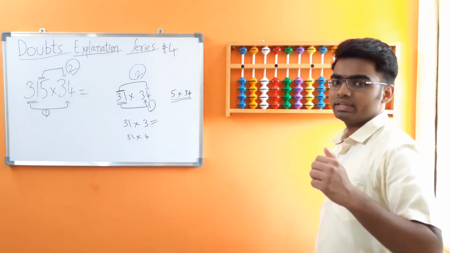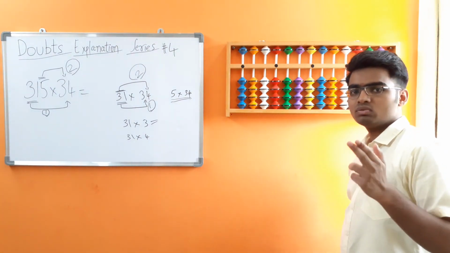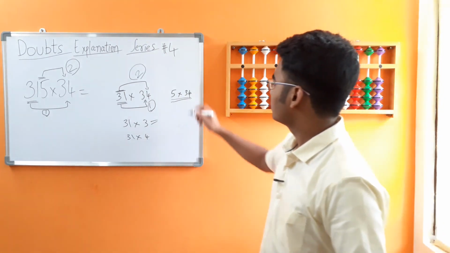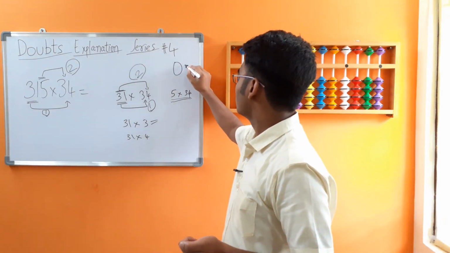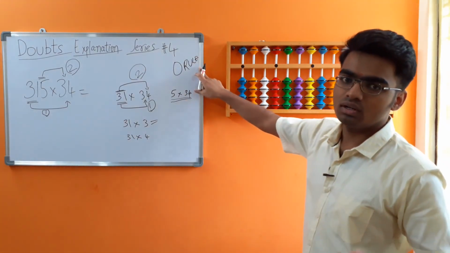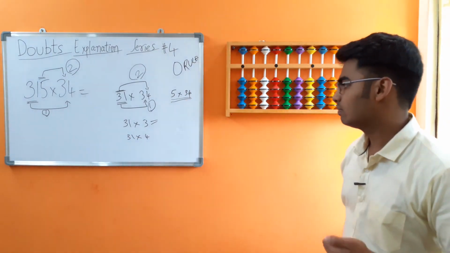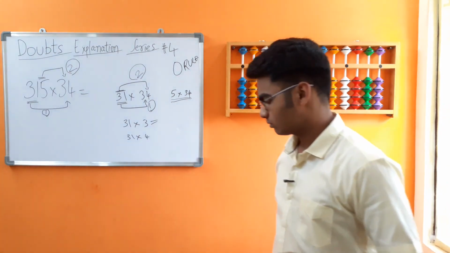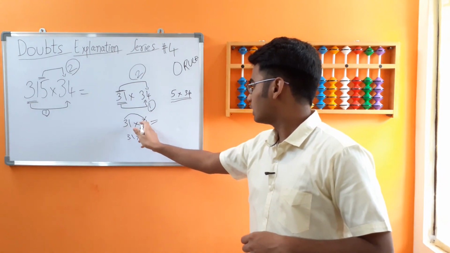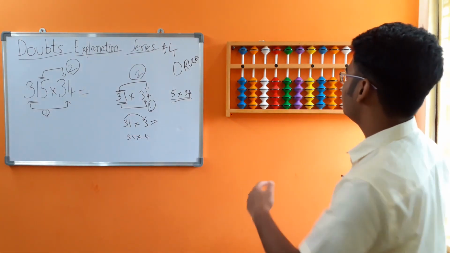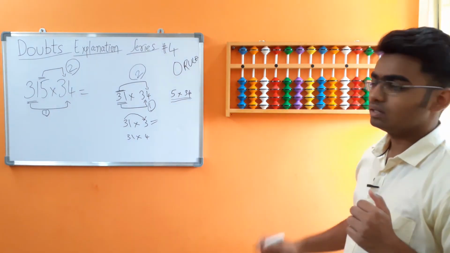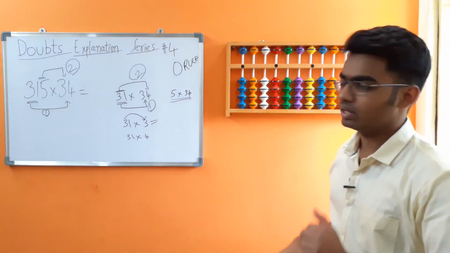As you know, a 3D when multiplied by a 2D gives an answer as a 5D. Of course there are exceptions to this because of something called the zero rule. I hope this is visible. 31 into 3. This one, as you know, can be done like this. 3 into 3 is 9, as you all know, but with zero rule it's called 09.